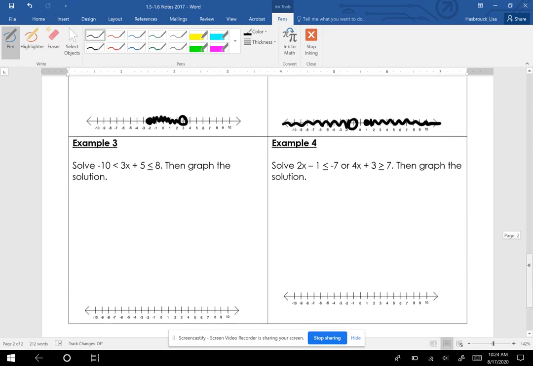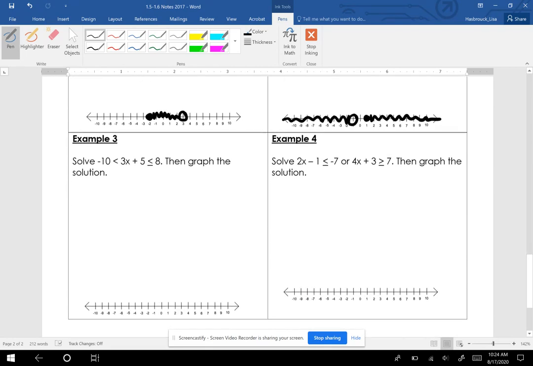Now let's go over some solving and graphing. So first, to solve this compound inequality, I'm going to write it again, just to make it a little bit easier to solve. In these problems, you're trying to get that x alone in the middle. If it helps you to draw these lines, you can, but it is not required. So whatever you do to the middle, you also have to do to the left and the right.